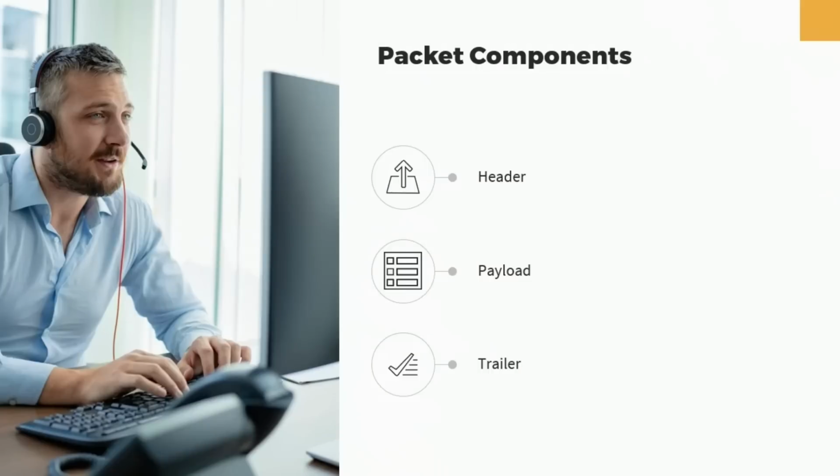Now, to put that into a more day-to-day context, if you were to send a letter, on the outside of the envelope, you would write the destination address, and you might also include your own address so that if it fails to reach its destination, it can be returned. The payload would be the letter itself, or whatever the contents are, and the trailer or the error correction code might be something like insuring the letter or registering it with the post office so that you have some way to track it.